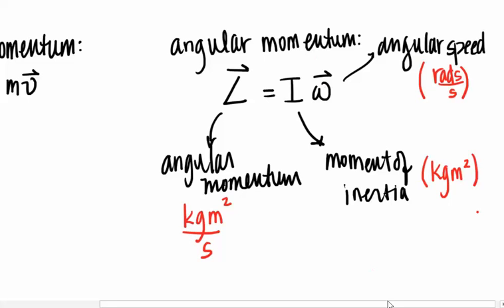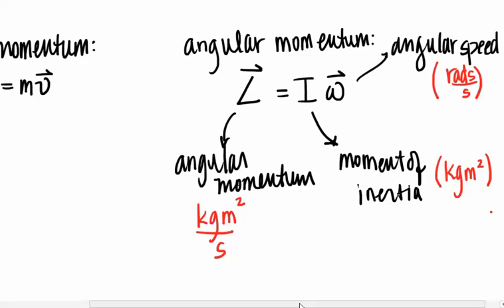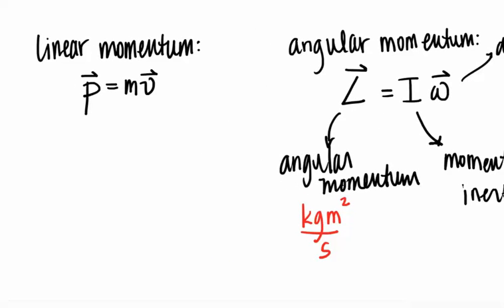Okay. Now, let's see. There was another relationship we had with linear momentum. An object has momentum, mass times velocity. Can you change that momentum? Can momentum increase or decrease? Sure, there's an impulse provided.